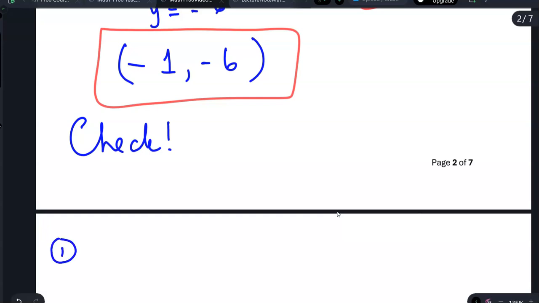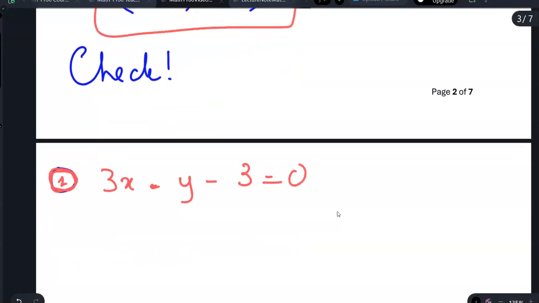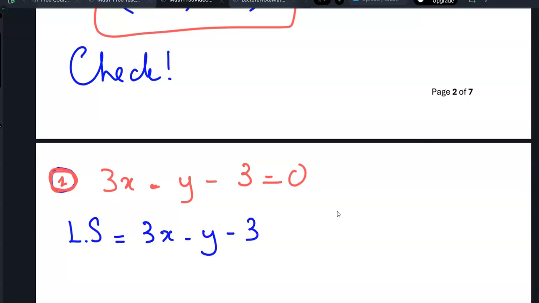So from equation 1, what do I have? This is my equation 1. Equation 1 is 3x minus y minus 3 equal to 0. So I will check the left hand side and the right hand side. So left side equal to 3x minus y minus 3. So x is equal to minus 1. y is equal to minus 6.